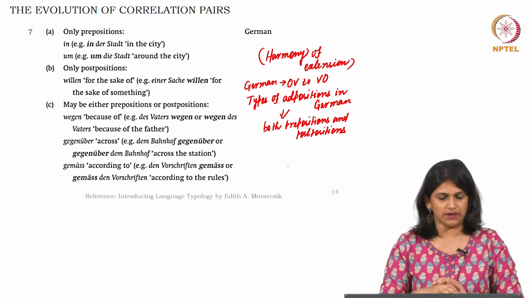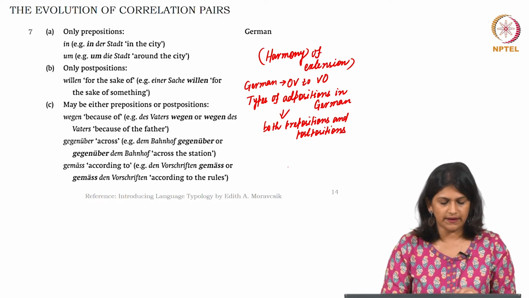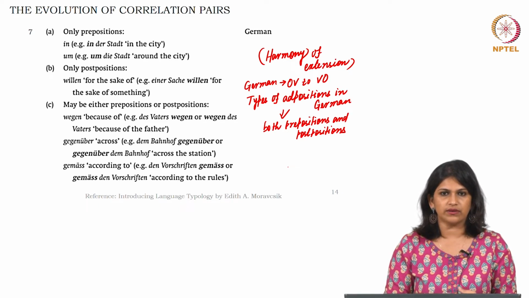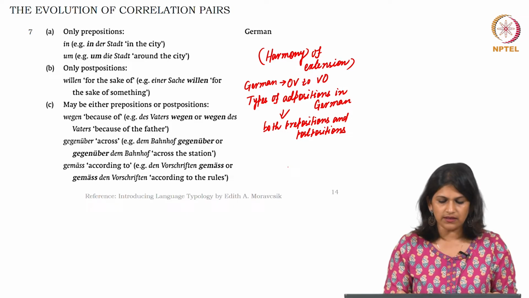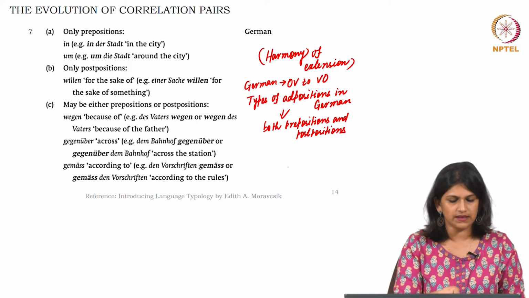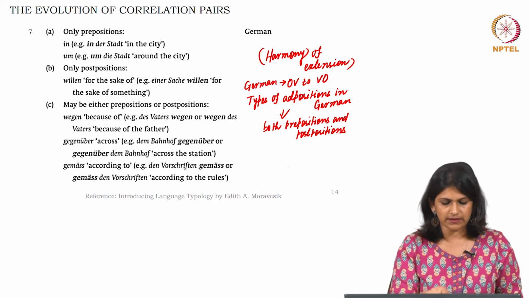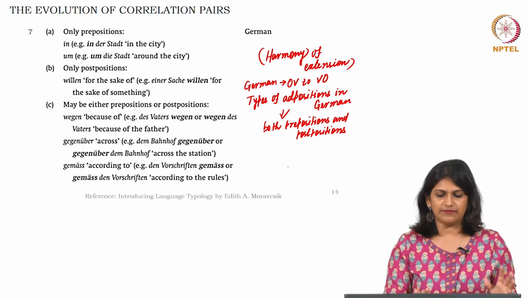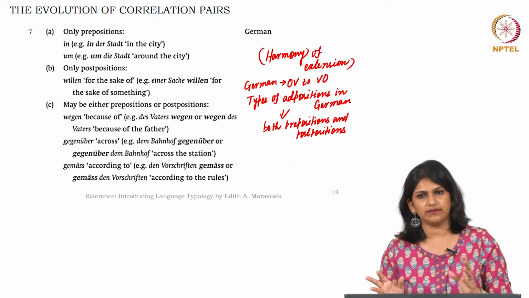I am sorry if my pronunciation is not so good, but if you look at these words, you can see that they can be used either as preposition or postposition. Look at "wegen", which means because of, in this case because of the father. Either you can put it after "father" or you can put it before "father".